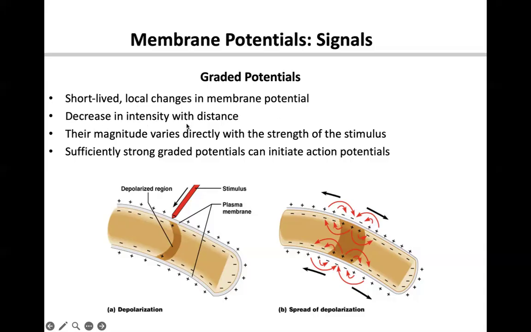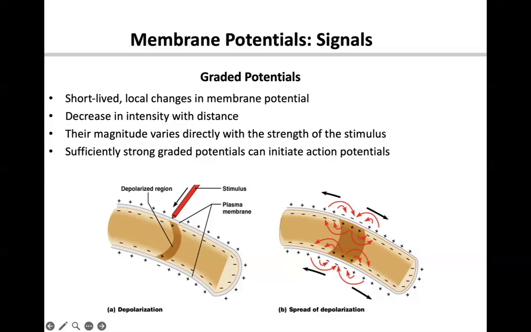It decreases in intensity with distance, and a sufficiently strong graded potential can initiate an action potential, which we'll do later. You can see here that some sodium ions are moving in. It changes the membrane potential locally, but it's not strong enough to go across the entire membrane.